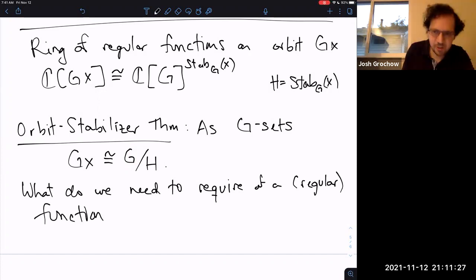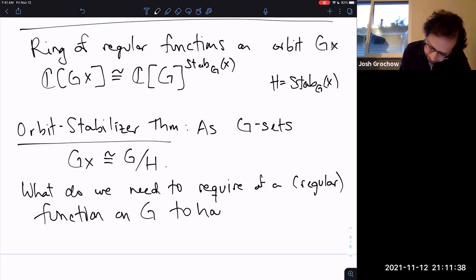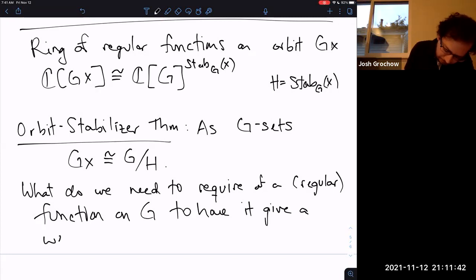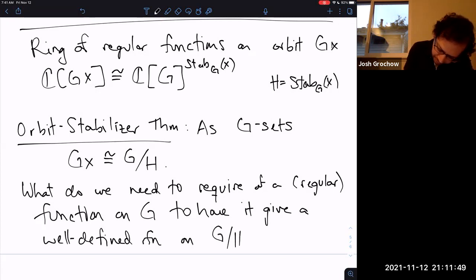But actually at this level, I don't need regular. When you move to the AG level, you need to say regular, but let's just say, what do we need to require of a function, any function, on G to have it give a well-defined function on G mod H?